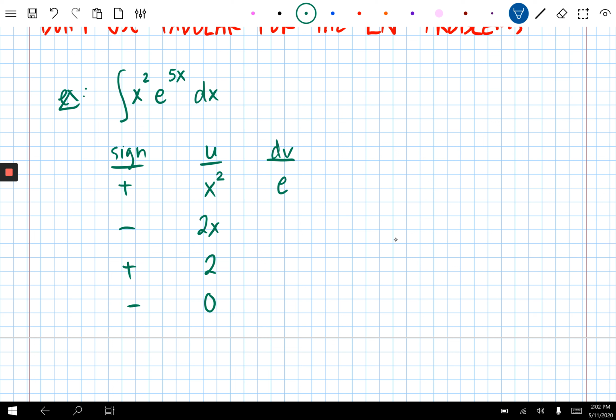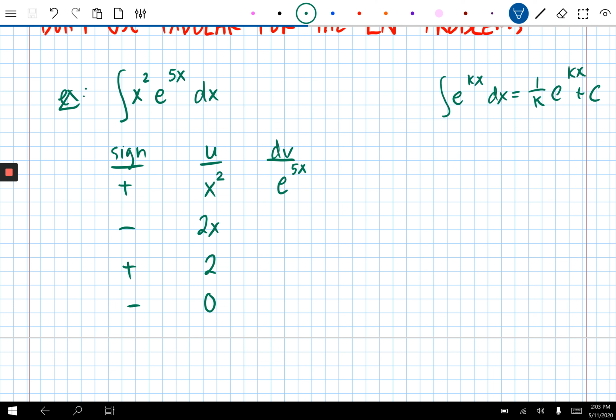dv is going to be e to the 5x. Now here's the deal on the 5, right? You think about it, we could use substitution to do this. Or we could accept that the integral of e to the kx is 1 over k e to the kx plus c. I need that 1 over k out there, so when I take the derivative to check my answer, it's going to swallow up the k that you get with the chain rule.